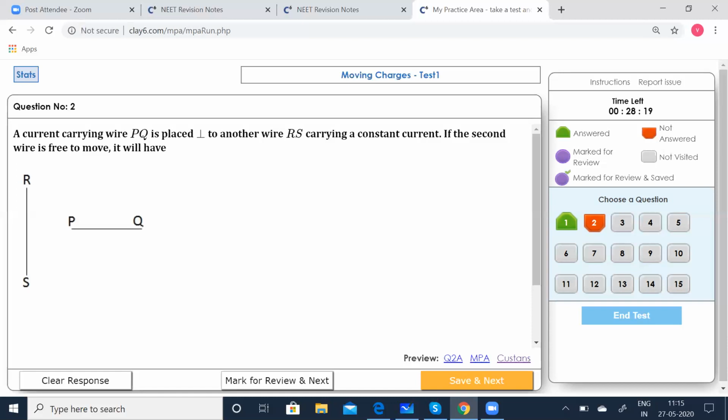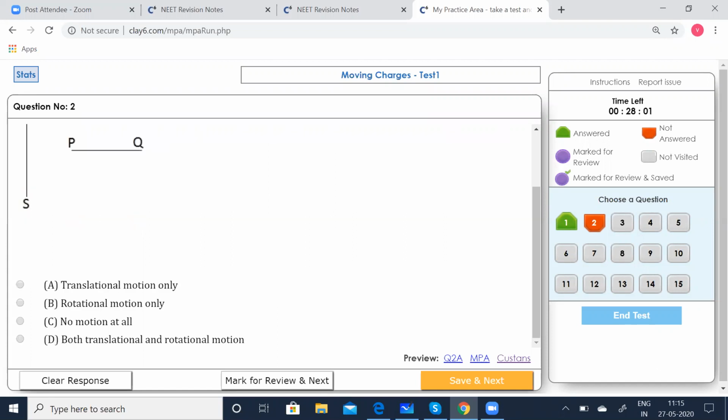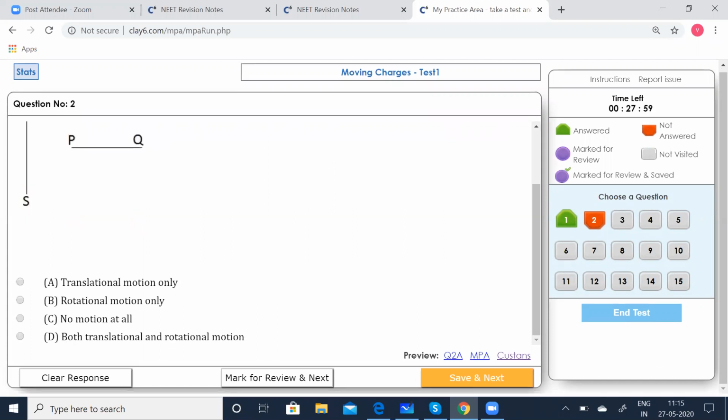So there is going to be both force and torque acting, so PQ will have both types of motion. Both translational and rotational motion, option B is correct. So click that.